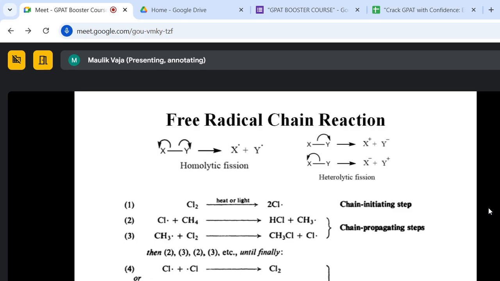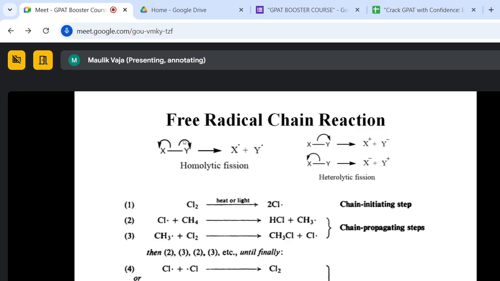Under that, they will give options like: free radical will be formed; cations and anions will be formed; nothing will happen; or electrophile and nucleophile will be formed. So in a free radical chain reaction, the free radical will be formed in the first step, that is the chain initiation step.